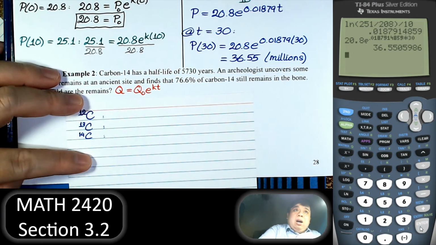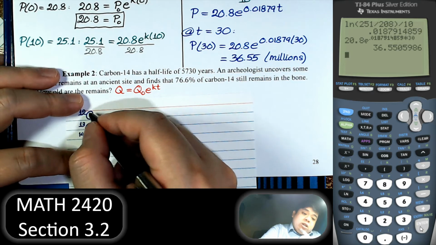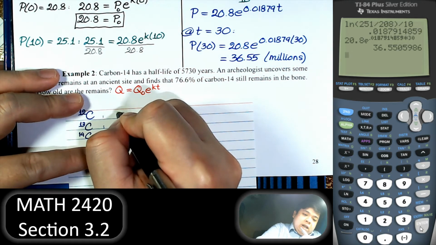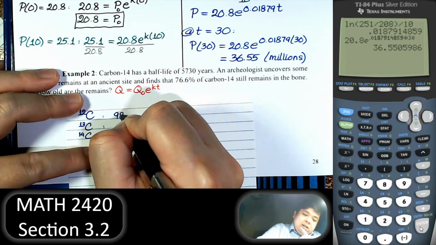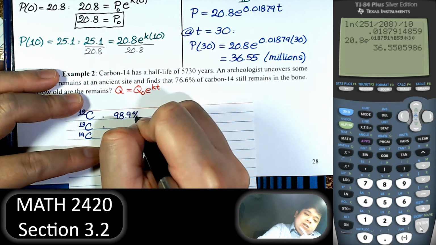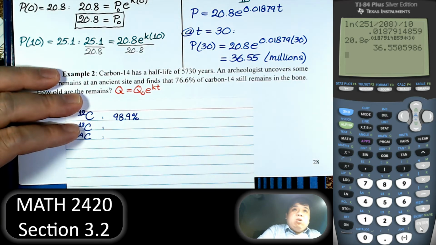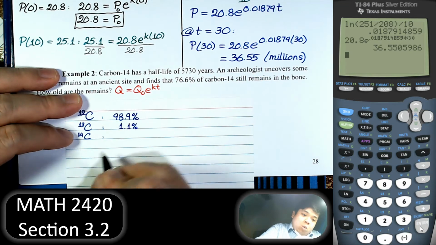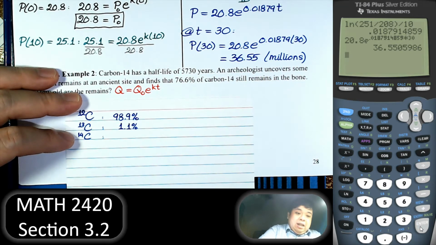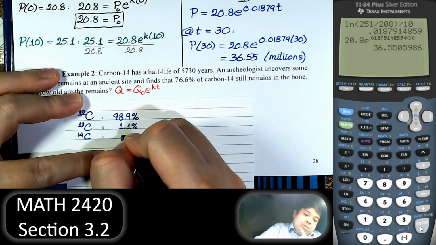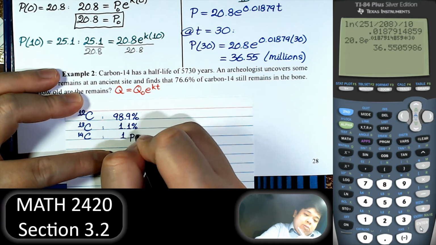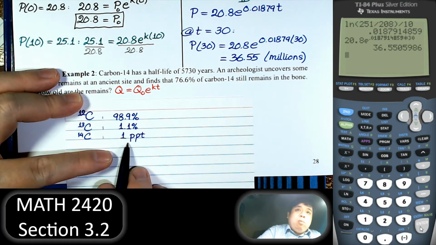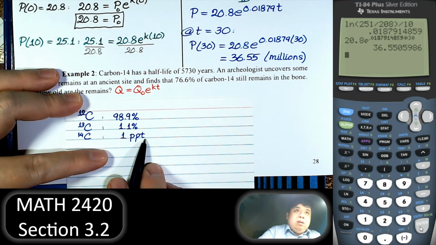So by abundance, carbon 12 is a lot more abundant at 98.9%. And carbon 13 is about 1.1%. And you say, what's left for carbon 14? And they said, not much. It is about 1 ppt, meaning 1 part per trillion parts.